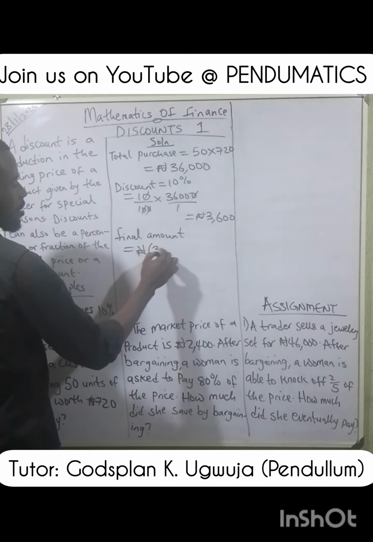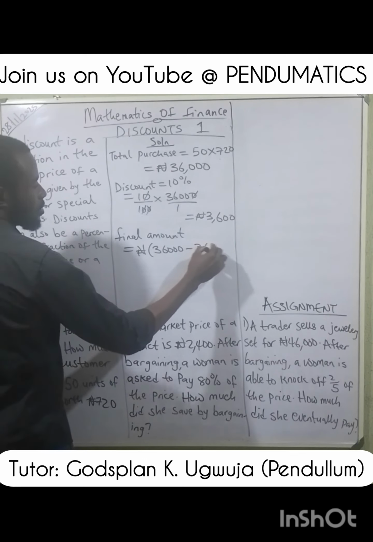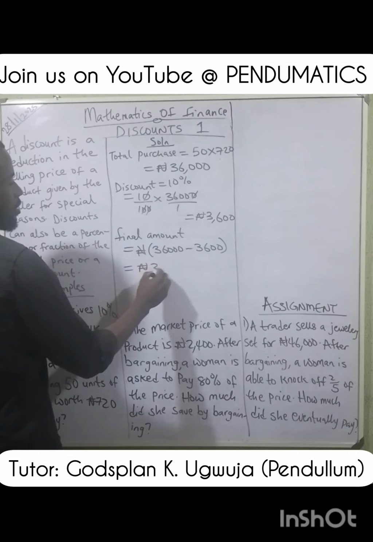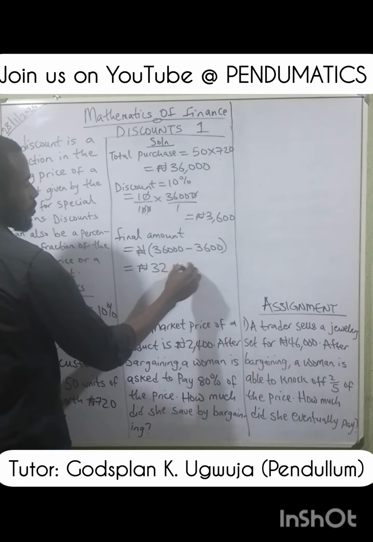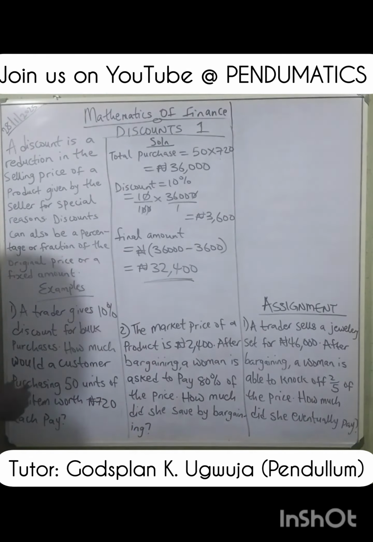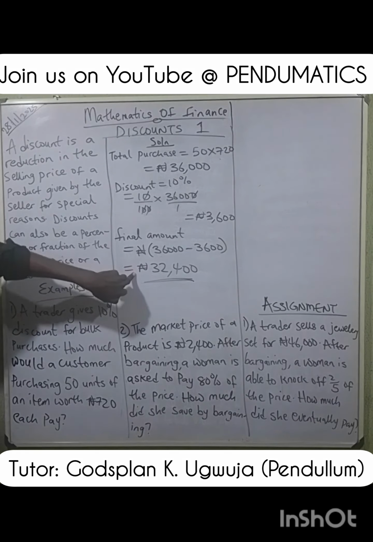So the final amount he will pay is 36,000 minus 3,600, and this will give me 32,400. All right, 32,400. So this is the amount he is going to pay.